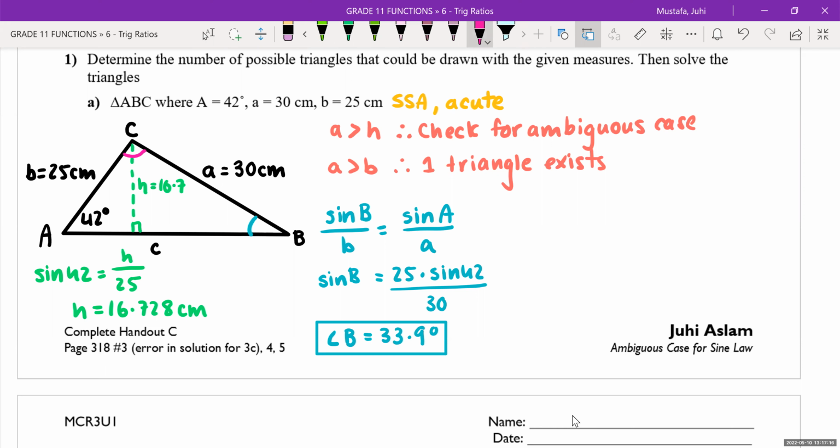So in order for us to find angle C, we're just going to go angle C is equal to 180 minus 42 minus 33.9. If you're wondering, well, should we have rounded? Should we not have rounded? Because eventually all of these are going to be our final answers. I'm okay to round it. Or you can keep it unrounded and then at the end list all your answers rounded. It's up to you. So 180 minus 42 minus 33.9, and I'm going to get 104.1 degrees.